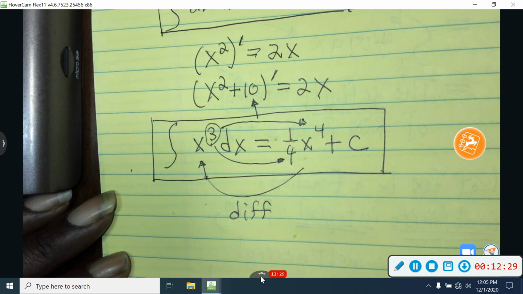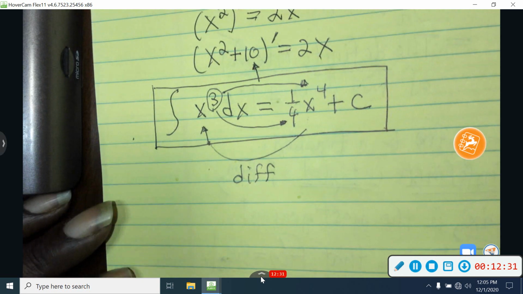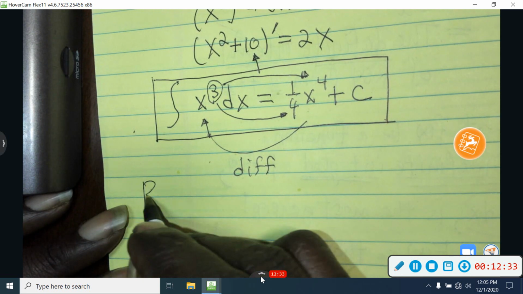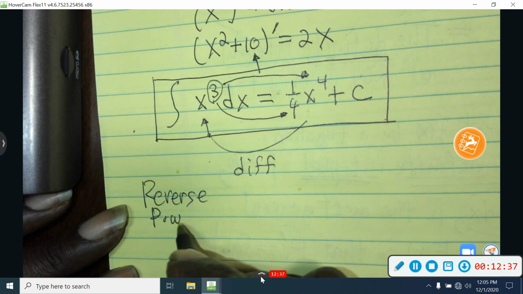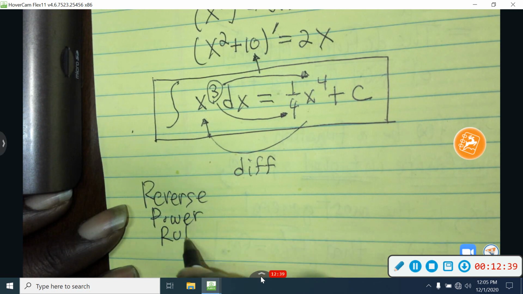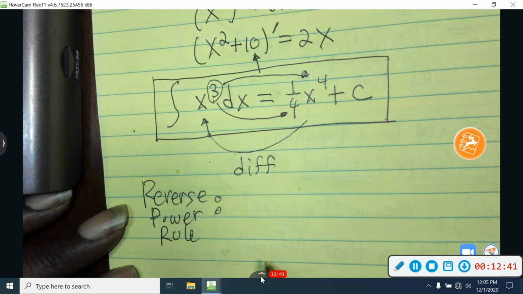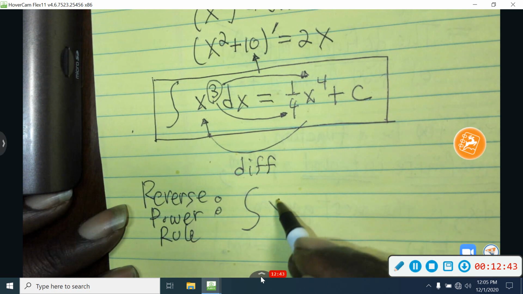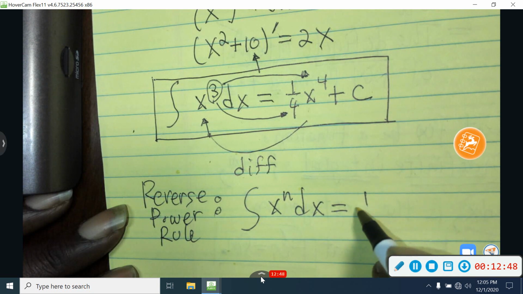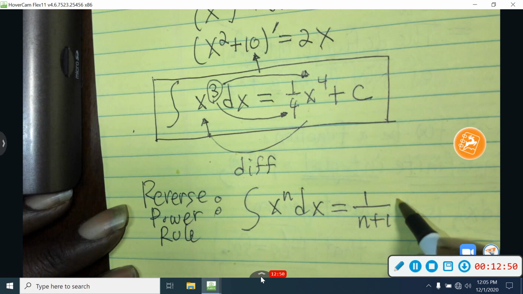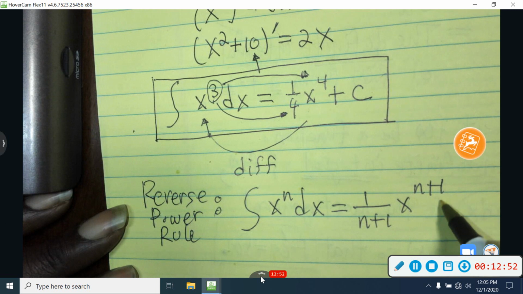So we'll call it a reverse power rule. So here it is. Reverse power rule. The indefinite integral of x to the n dx, you just add 1 to the power and divide by that, and add an arbitrary constant.